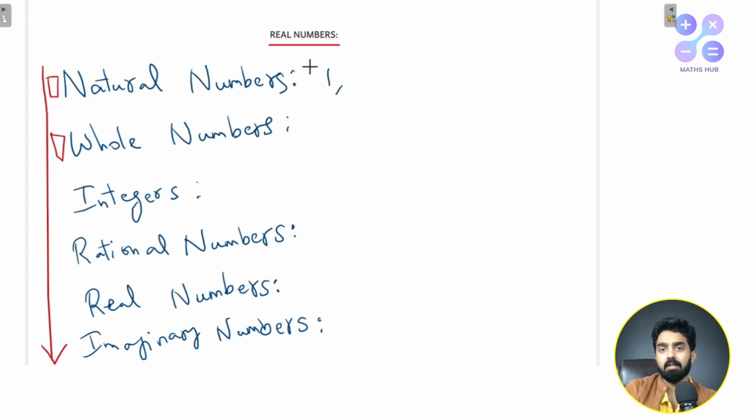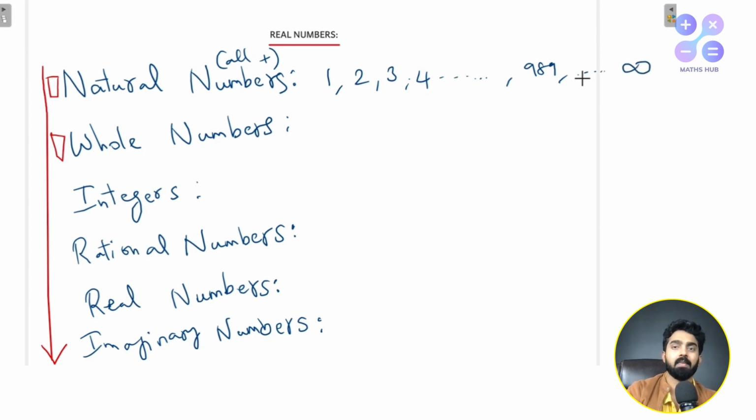They're all positive. Start with 1, 2, 3, 4, and all the way up to 989, all the way up to whatever, and then infinity. Infinity is the largest possible number you can think of, which you won't be able to think of. That's why we gave it a name, and we don't say it's x or y.